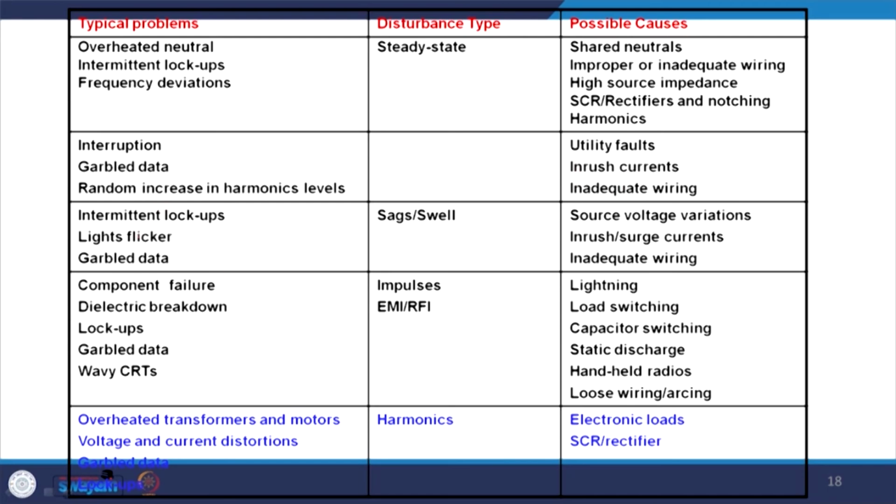It can be intermittent lockup, lighting flicker, that is for the sags or swells, component failure, dielectric breakdown, lockup, other things. It introduces EMI or EMC. There are overheated transformers, motor voltage current, and that is causing the harmonics. Ultimately, the possible cause may be electronic load, SCR or rectifier.